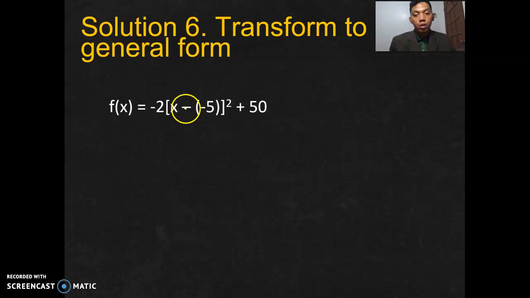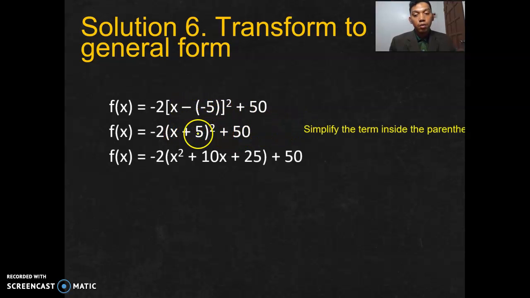So in this part, you have to multiply the negative sign so that it becomes positive, right? So negative 2 quantity x plus 5 squared plus 50. After arriving at this, we have to expand the binomial. So x squared plus 10x plus 25.